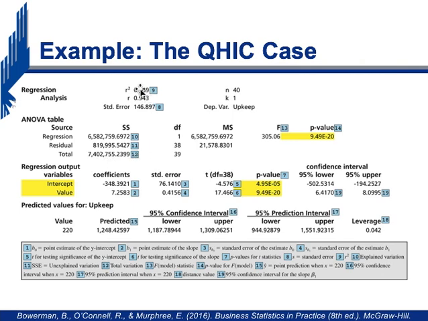To compute for R squared, we can just get the ratio of 10 and 12, and you will also get the R square of 0.889.